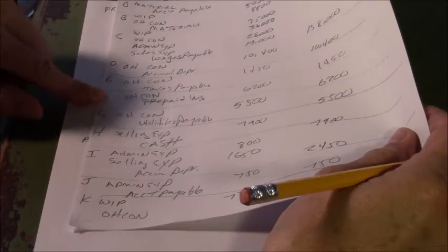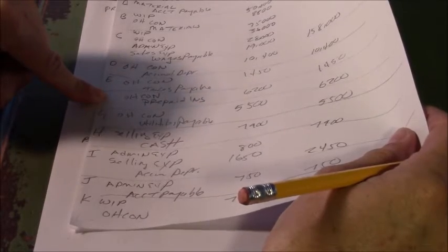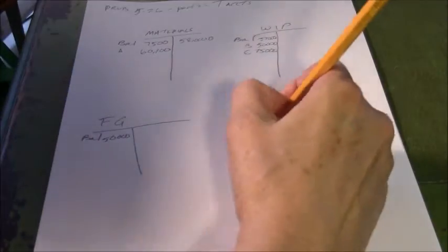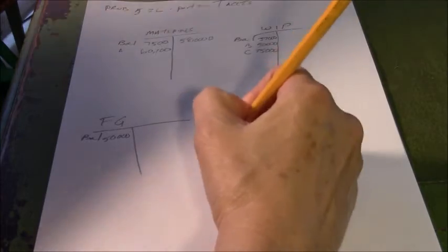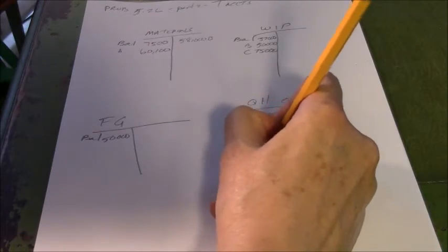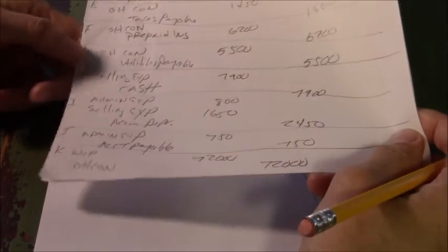Next, another one, 6,200. That was F. All right, and G, 5,500. Filling up our overhead.